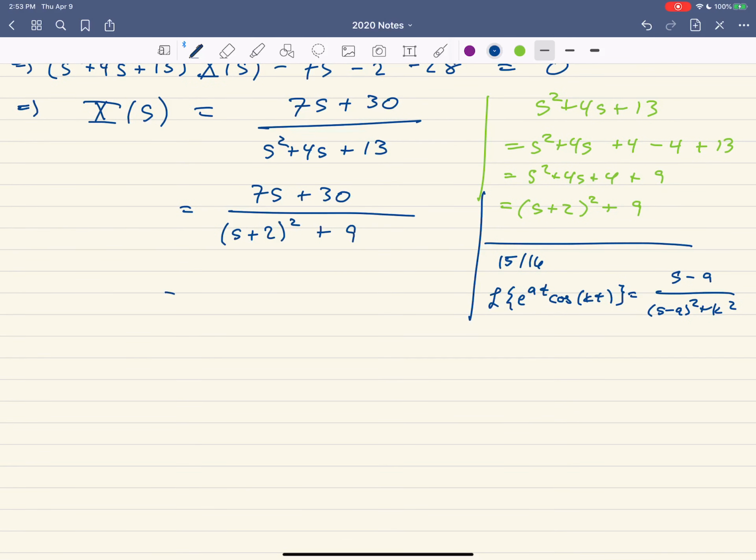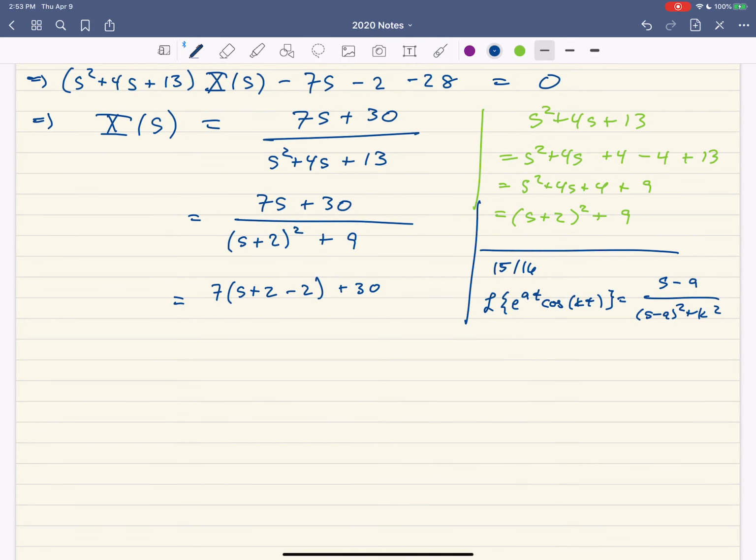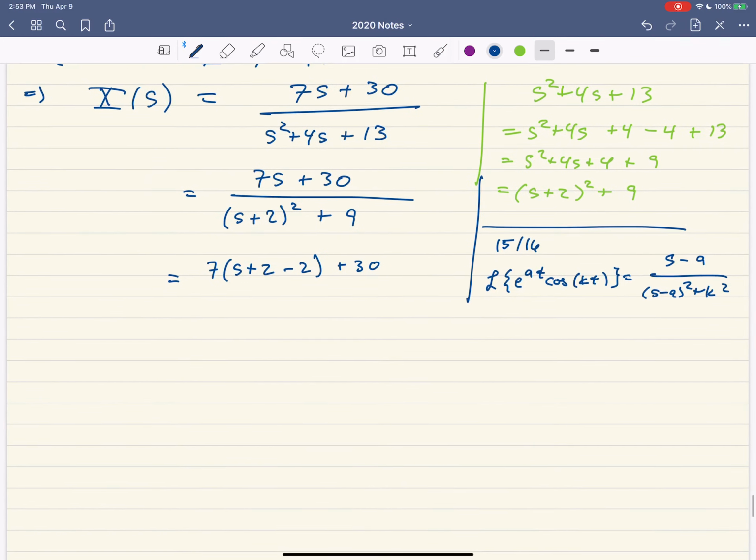So I'm going to put an s plus 2 in the numerator, and then I'm going to subtract 2, and then we'll just simplify what happens. This is basically the same trick twice: if we added 0 before, we're adding 0 again. Multiplying by 1 gets all the love, but adding 0 is very useful as well. This is divided by the same denominator, s plus 2 squared plus 9.